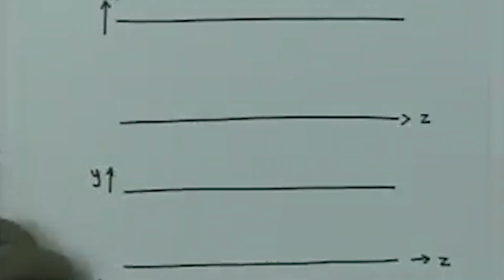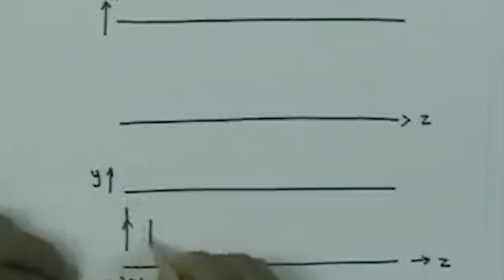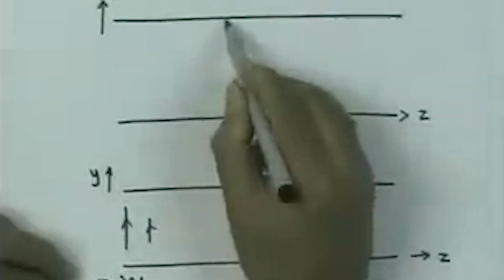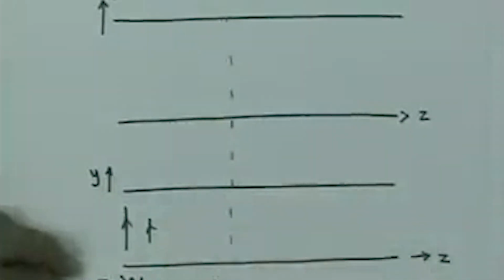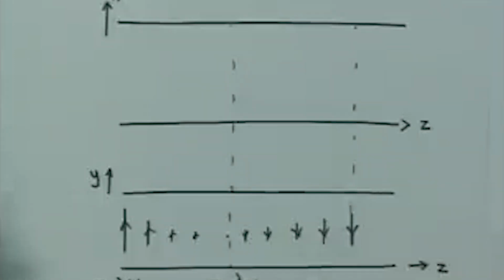If we take z equal to lambda g by 4, the electric field will look like that. Then I go to a distance of z equal to lambda g by 2. The amplitude will reduce to 0, and then it will become opposite, so the direction will become like that.